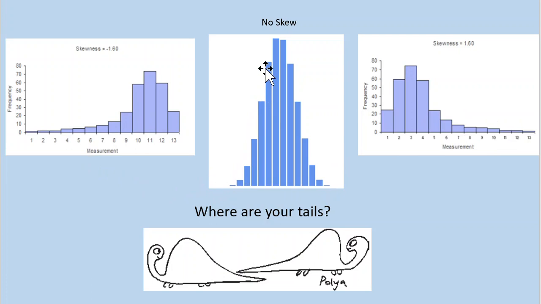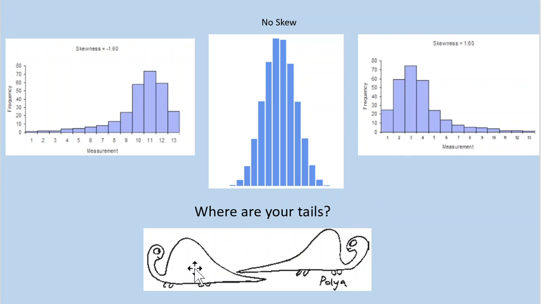Remember, a normal distribution is symmetrical, so there are even amounts of information on the right side and on the left side. But in this case, for a positive skew, most information is on the left side, and then a small amount of information is here. So this represents the tail. This is the part that has the least amount of information, and this is the body, which has the great bulk of information.